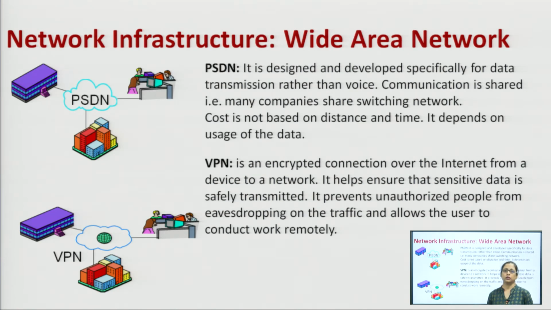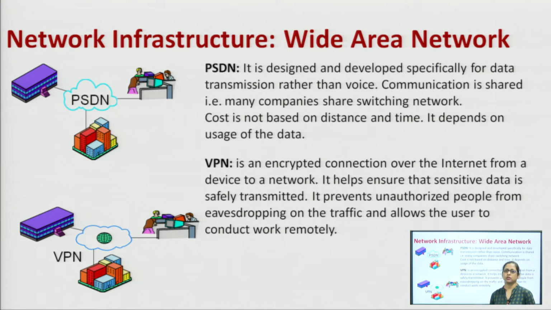Now, coming to the network infrastructure, as we had discussed in our previous class also, when we are talking about IT infrastructure, we basically talk about two things, that is the system software and the network infrastructure. Since we have already discussed in detail the system software, now let us understand the network infrastructure.